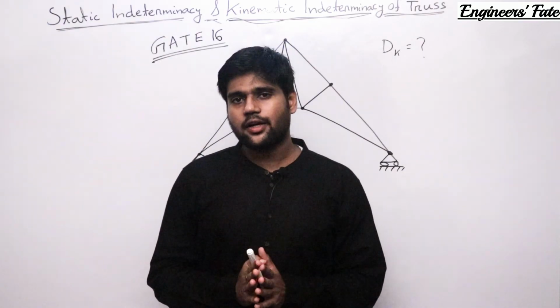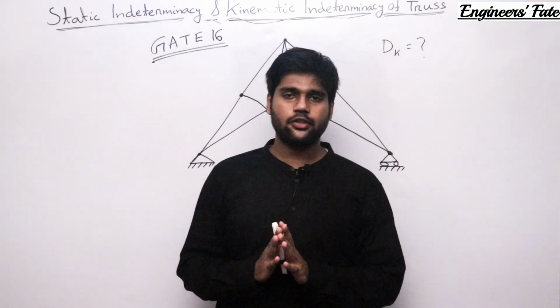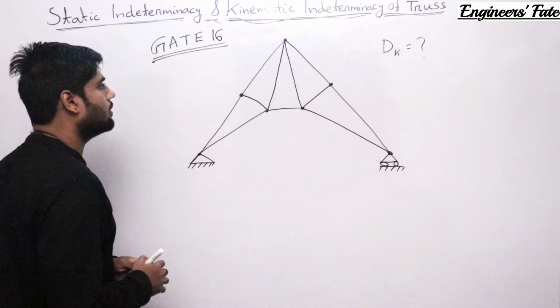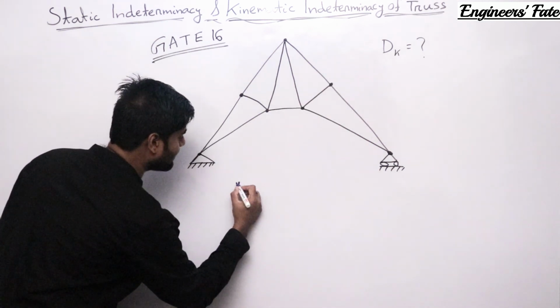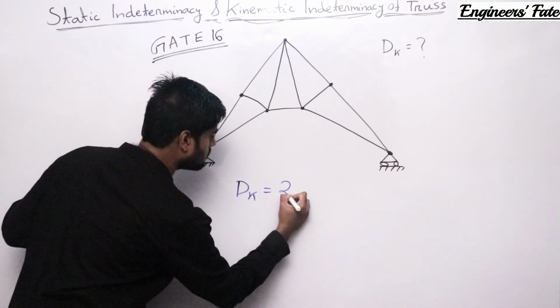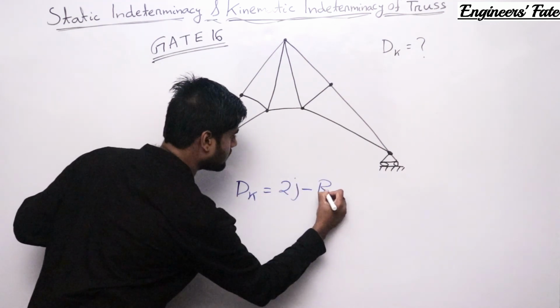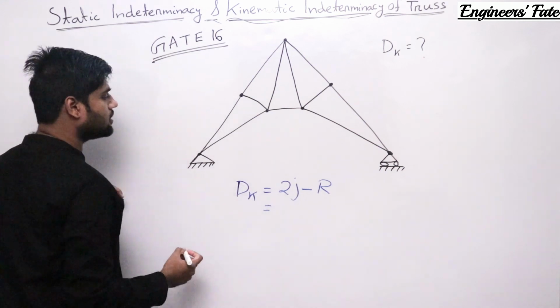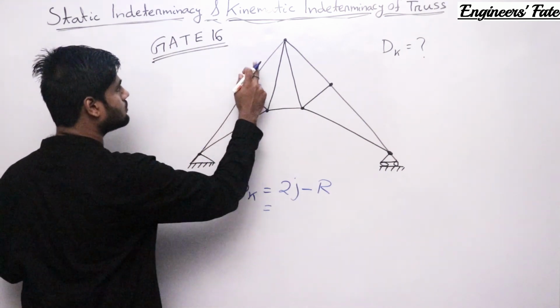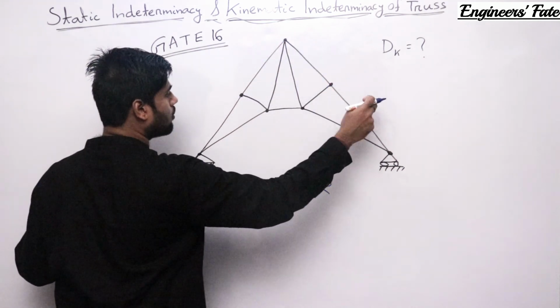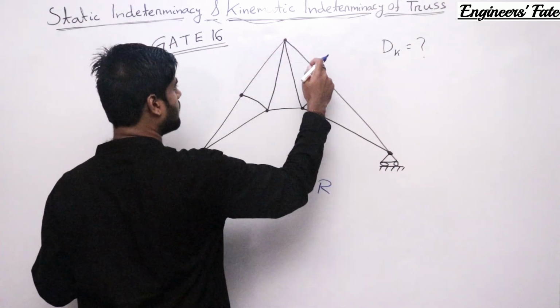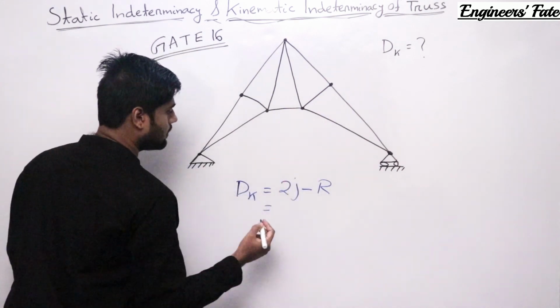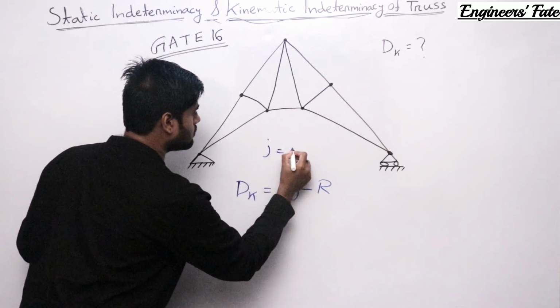So this is a 1 mark question asked in GATE 2016 and Dk is asked. So what is Dk? Dk equals 2j minus r. How many joints are there? 1, 2, 3, 4, 5, 6, 7. So j equals 7.